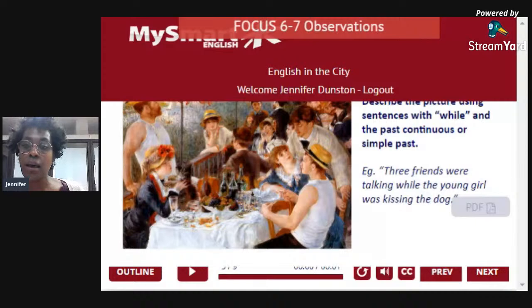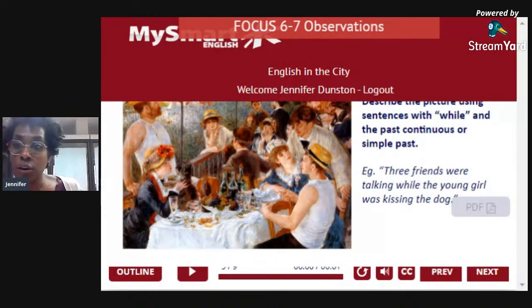Excellent job, Elena. A young girl with a hat was observing while 5 friends were talking. Giacomo added, the girl was looking at the friends who were sitting at the table. Very good. Here we have another example of past continuous. We know that past continuous is the verb to be in the past. So we have was and were, and the gerund form of the verb, ing.